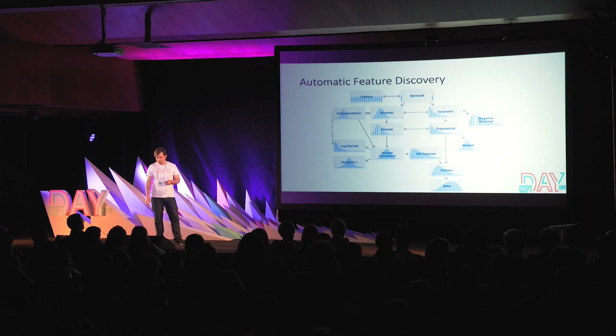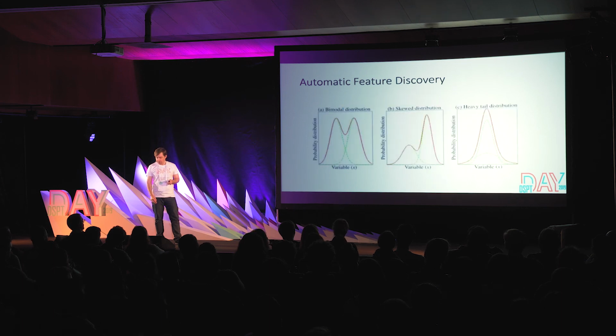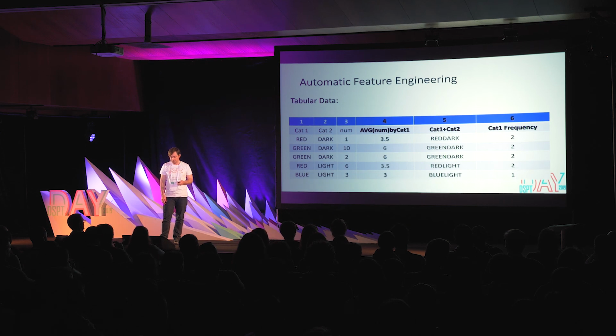Also, automatic feature discovery: we can discover the distribution associated with each numerical feature. The machine can do it automatically. Try to find if any numerical feature has more than one distribution mixed, or maybe it's a combination of multiple features, multiple variables. Another challenge is automated feature engineering.